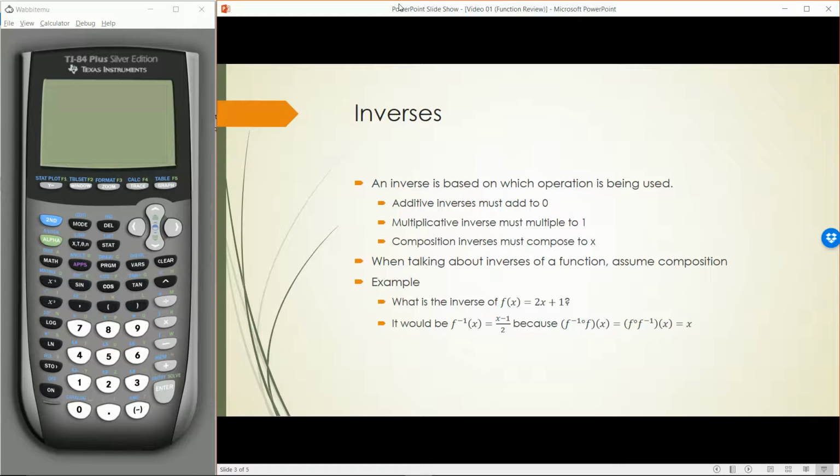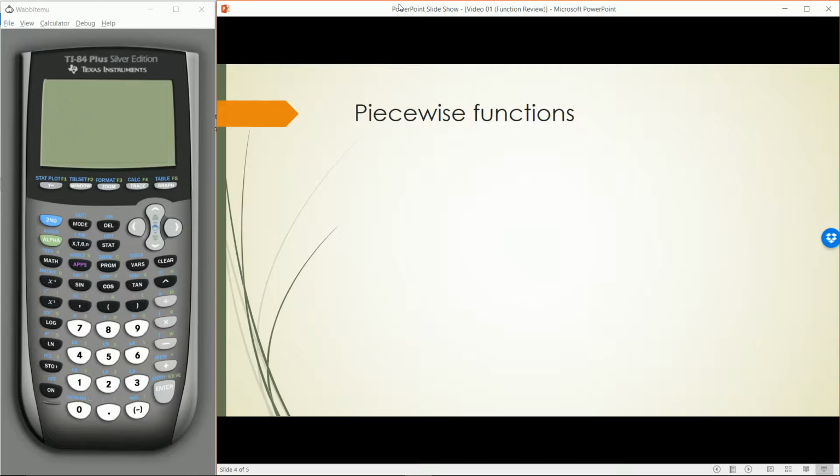And now, composing, which we see to the right, gives us that they both come out to the same thing, x. Now that is key, that it has to come out to x from both sides. Now, keep in mind, whenever you have an inverse, it should be undoing what was done originally. If you were adding before, you should be subtracting for your inverse. Multiplying before, you should be dividing for your inverse, and so on.